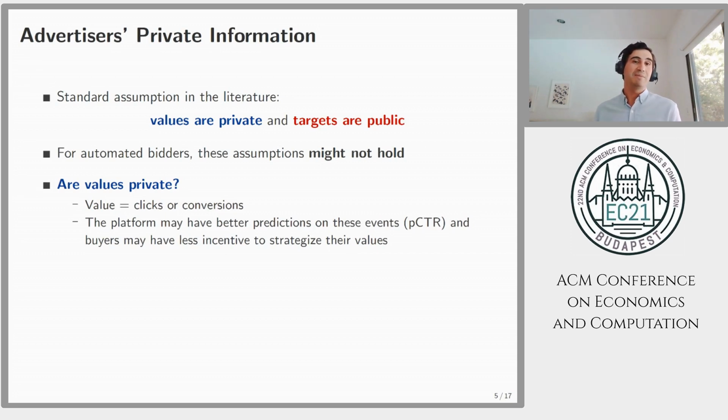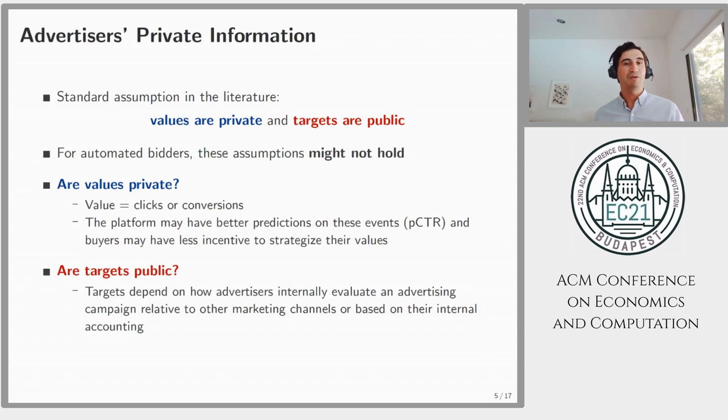In many cases, they may end up having better predictions than advertisers, and advertisers would rely on these predictions. So advertisers have less incentive to strategize their values. From this perspective, we can think of them as being public. In terms of the targets, are targets really public? If you think about targets, they depend on how advertisers internally evaluate their advertising campaign relative to other marketing channels. And this depends a lot on their return on accounting. So it's also reasonable to assume that the target itself is private.